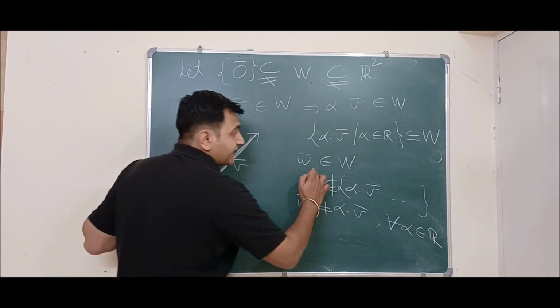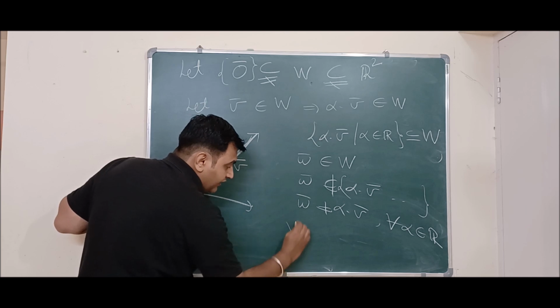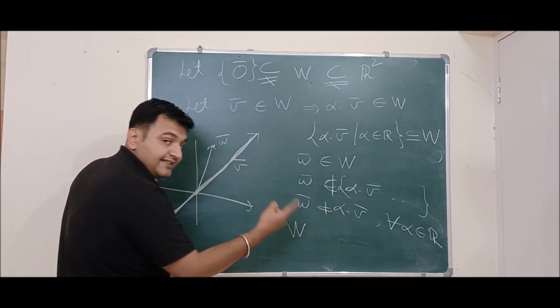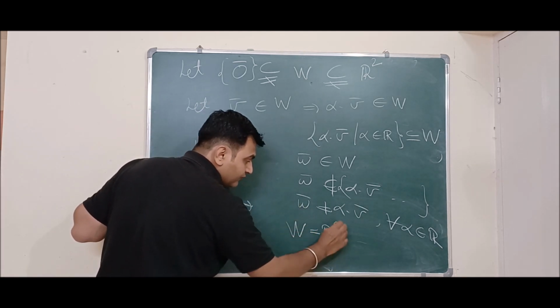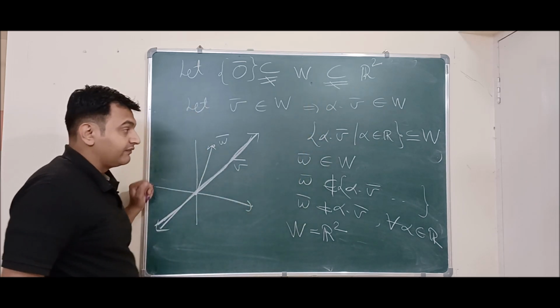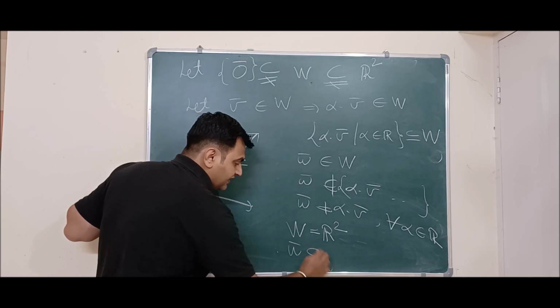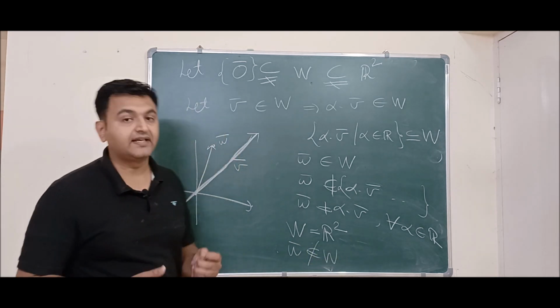So if you have a vector other than a multiple of v, then your W contains v and w, which are independent, and they span the whole of R2. That means W becomes equal to R2. But W is a proper subspace of R2. Therefore your w bar does not belong to W. Okay, so that's the idea.